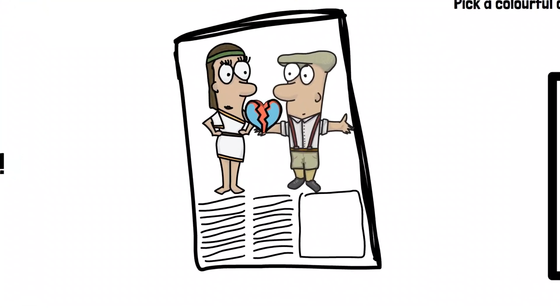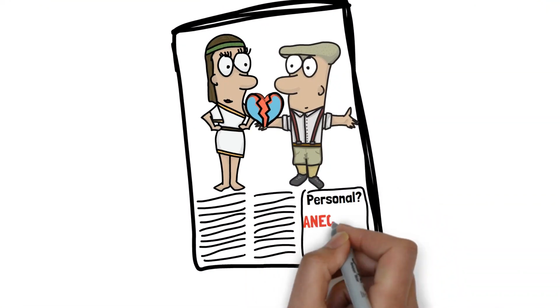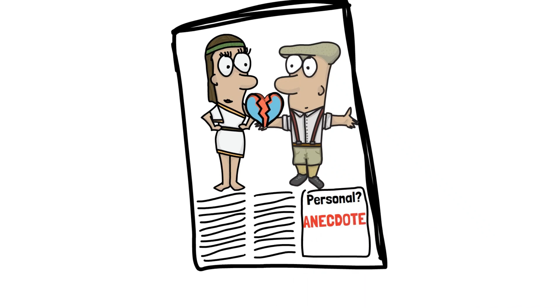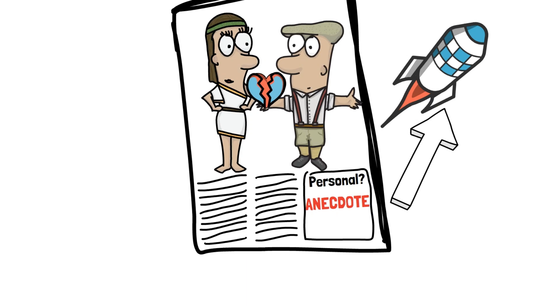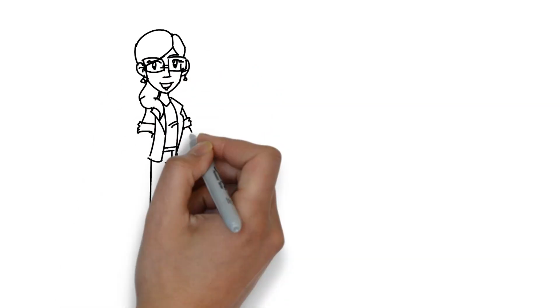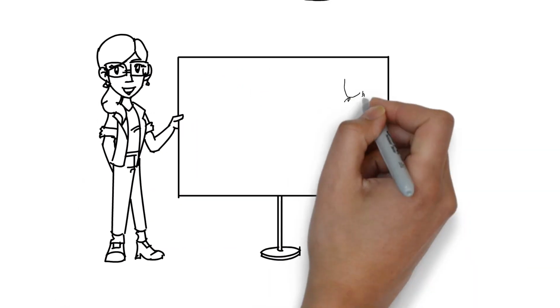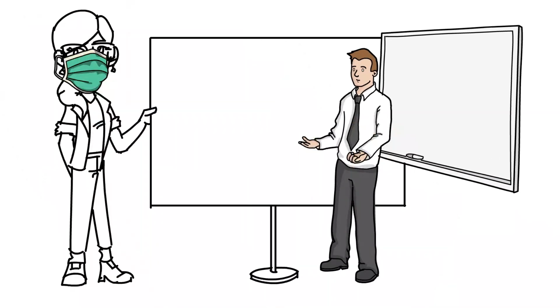Now, how do they make it personal? They use the power of anecdote, a small story, stories of faces and people. This is the supercharged skill which will lift your writing. Let's see an example. Imagine your argumentative essay is going to argue that teachers and students should wear face masks in school.